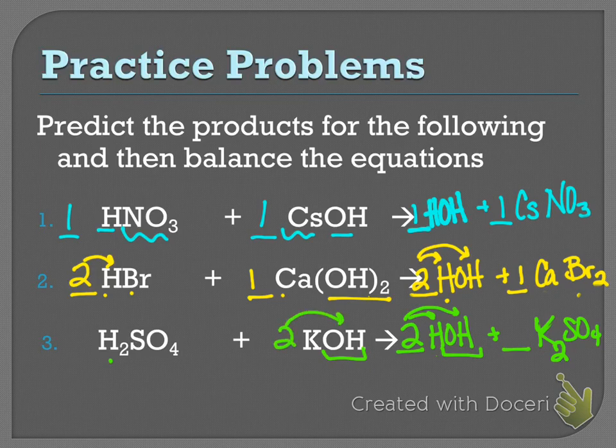So it gives me 2 hydroxides. Now that also gives me 2 potassiums. But if we look on our product side, we have 2 potassiums. All right, let's keep checking. So hydrogen, 2, 2, sulfate, 1, right? Because you can keep that group together. So sulfate's 1, and then there's 2 potassiums, 2 potassiums, 2 hydroxides, 2 hydroxides.